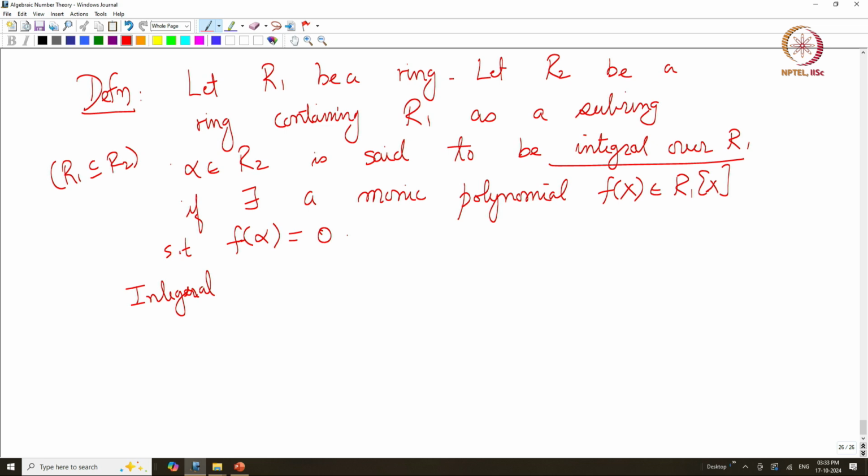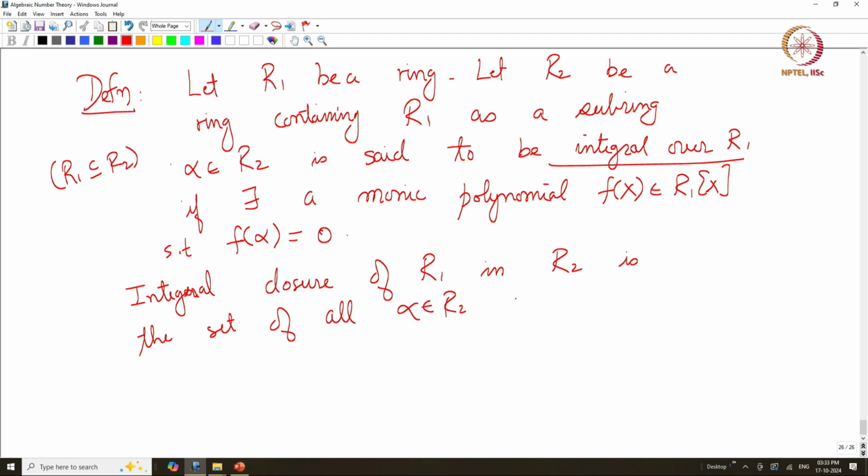Integral closure of R_1 in R_2 is the set of all alpha in R_2 that are integral over R_1.